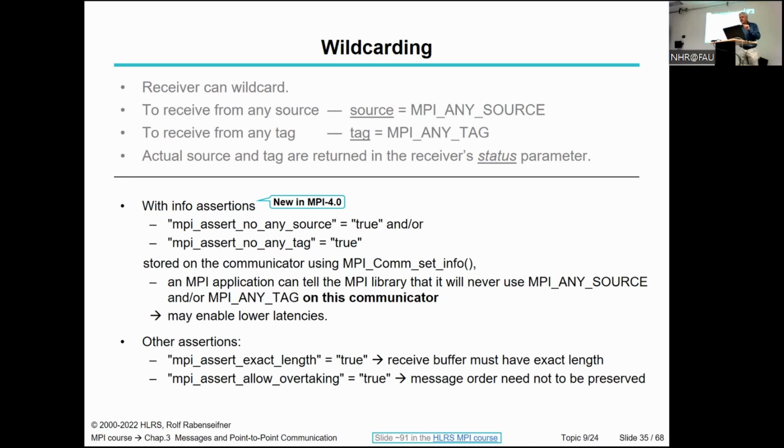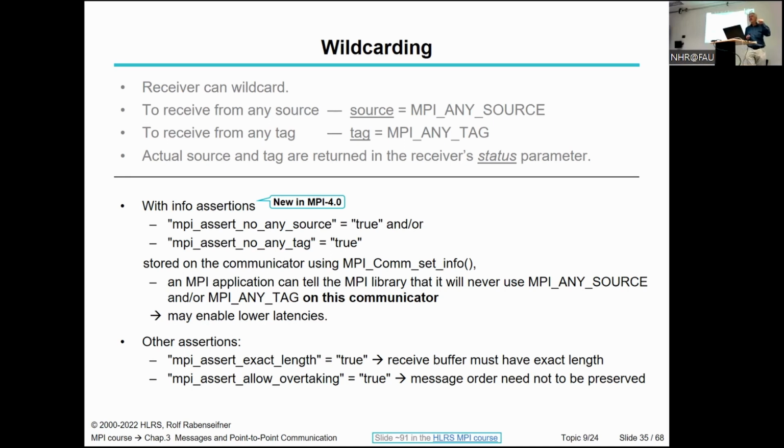And with assertions, it's completely in the other direction. You are making an assertion that, for example, you will never use MPI any source or MPI any tag on a communicator handle.